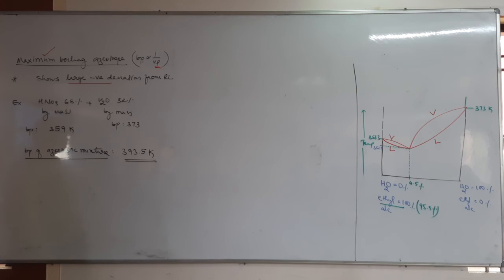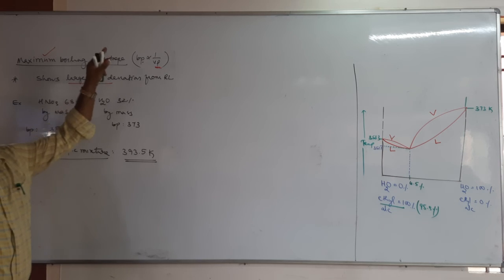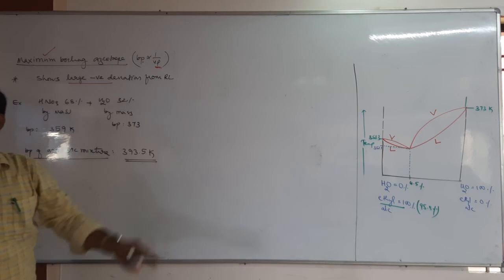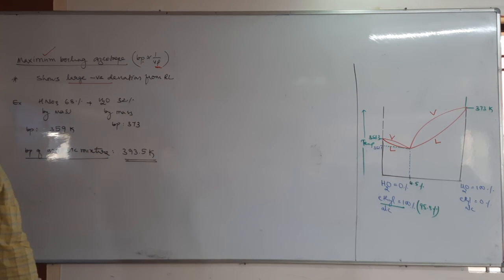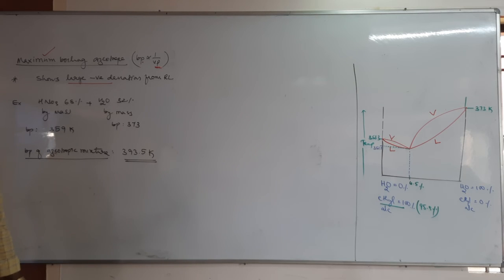So remember like this. To get the maximum boiling, we should have less vapor pressure. Where is less vapor pressure possible? Negative deviation. Therefore, the binary solution which shows large negative deviation from Raoult's law can form a maximum boiling azeotrope.